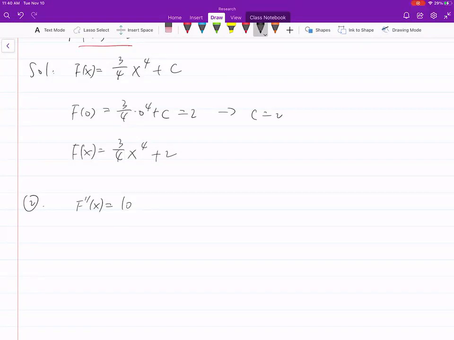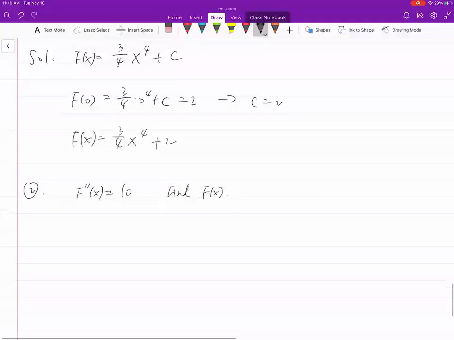Can you find f(x)? Well, let's find f'(x) first. I don't know how to do an antiderivative for a second derivative. I do know how to do it for a first derivative. But if I treat this one as a first derivative, I'm not looking for f(x). I'm looking for f'(x).